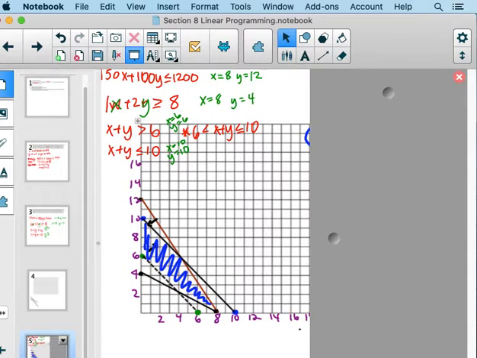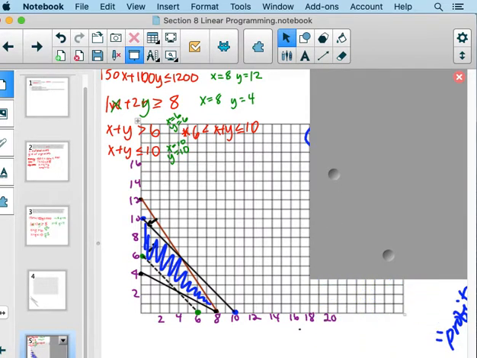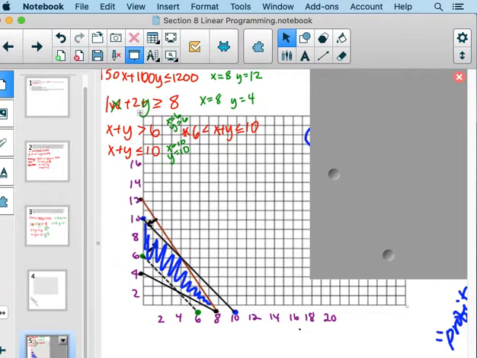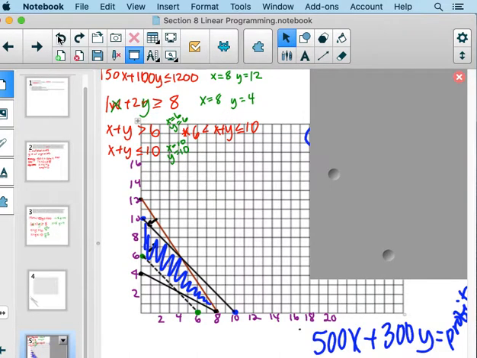All right, so now that we have our feasible region done, we can go and look at the objective. Our objective on this problem is to have as much profit as possible.